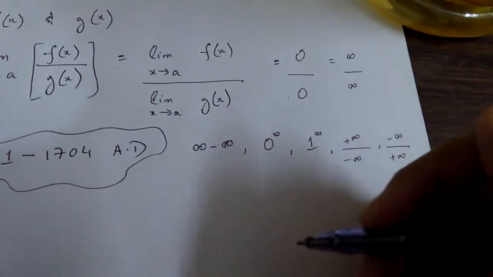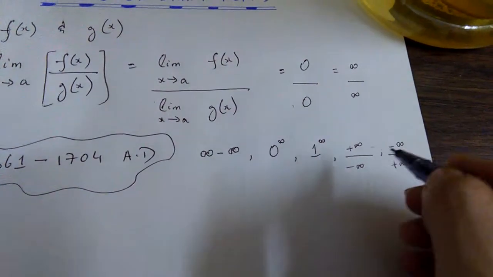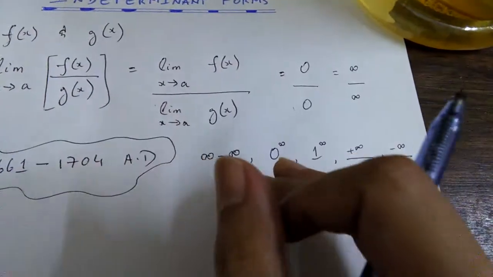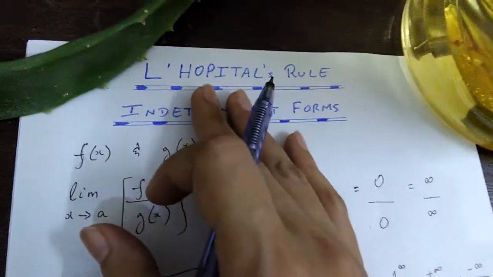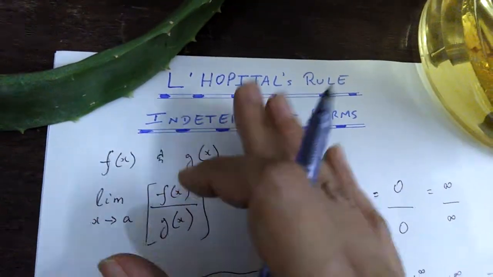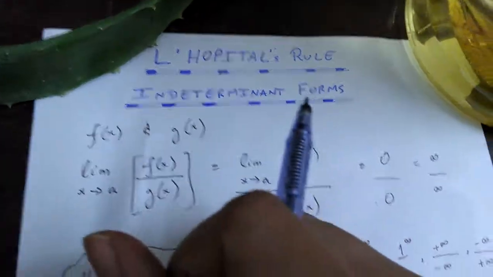So how do we get rid of such indeterminate forms? L'Hopital's rule is going to help us here. That's what we are going to understand in this video.